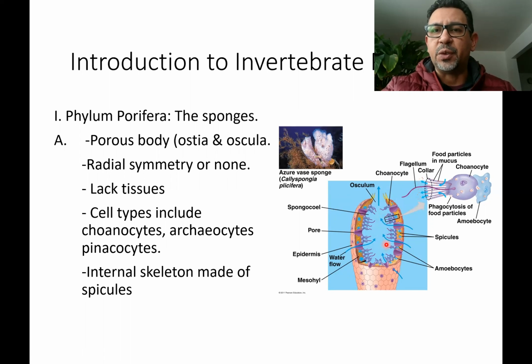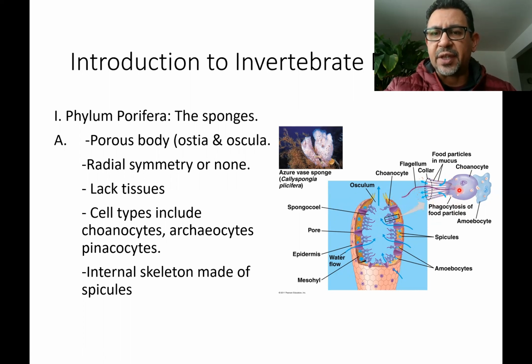Other details that I want you to remember about the sponges are the types of cells. We studied in lab this particular cell known as the choanocyte. This I call the signature cell of a sponge. If you're looking at a slide and you see these cells shaped like a flower vase, they have a collar, and emerging from this collar you have this flagellum.